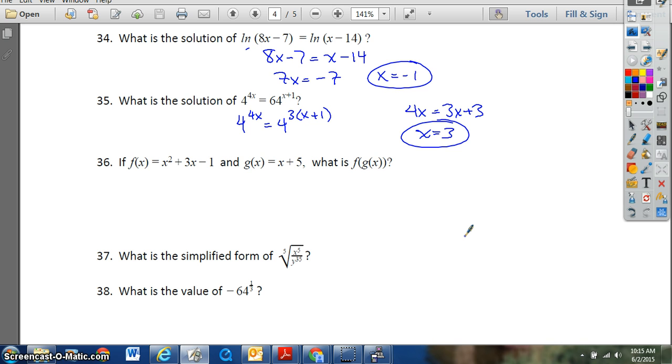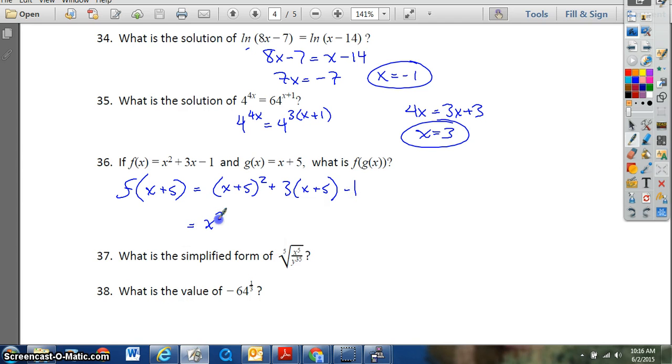What do we got? F of g of x. So when I rewrite g of x, I'm going to put in x plus 5 for every x. So I have x plus 5 squared plus 3 times x plus 5 minus 1.